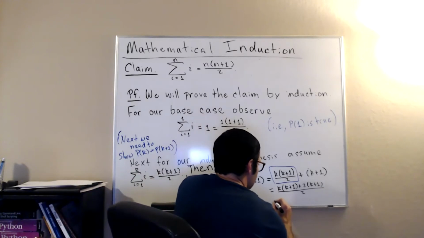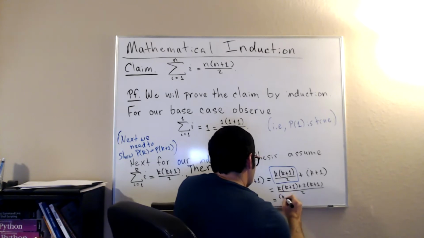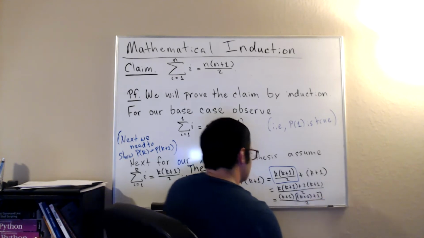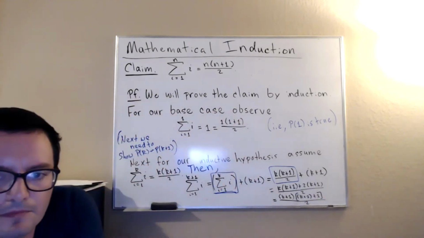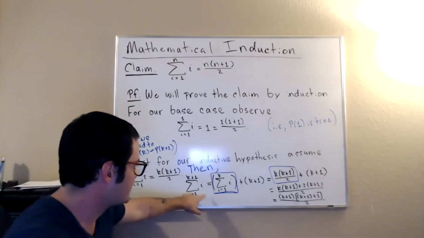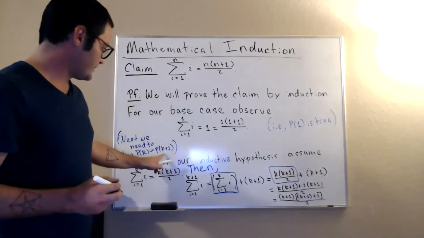which is equal to k plus 1 times k plus 1 plus 1, all over 2. So notice now what we've shown, right? What is p of k plus 1, right?